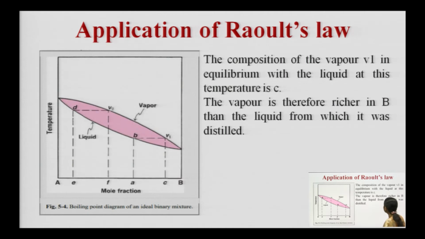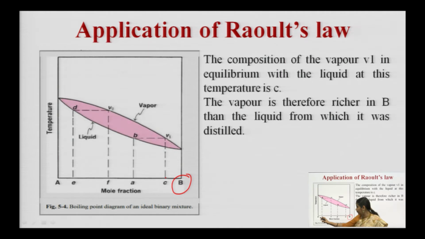Now, here we can see that the composition of the vapor V1 is in equilibrium with the liquid at this temperature C. B is in equilibrium with the composition C. As we move from A towards B, the mole fraction of B increases, where it is 1.